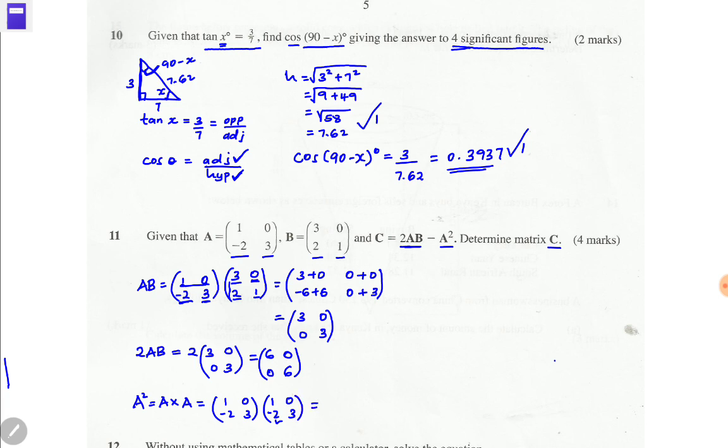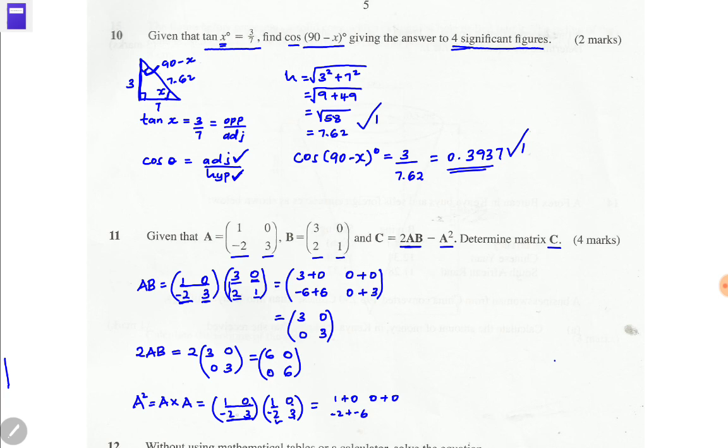So this will be equal to 1 times 1 is 1 plus 0 times negative 2 is 0. Then 1 times 0 is 0 plus 0 times 3 is 0. Negative 2 times 1 is negative 2 plus 3 times negative 2, which is negative 6.